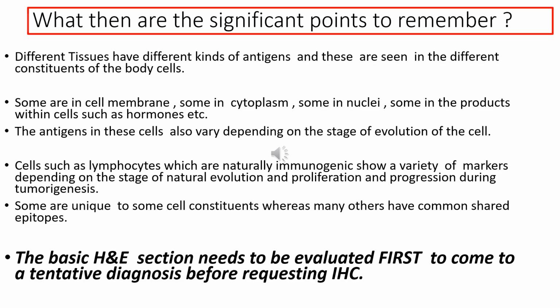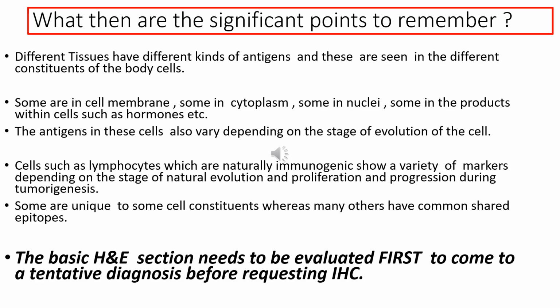Now, not only that, the antigens in the various cells of the body also vary depending on the stage of evolution of the cell. For example, a mesenchymal cell in its very primitive form will show a marker called vimentin, but suppose that cell is destined to become a muscle cell, then it gets on proteins which are known as desmin and myoglobin.